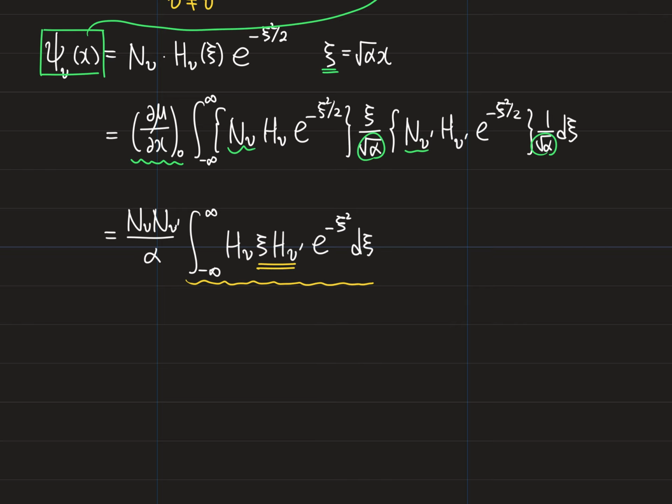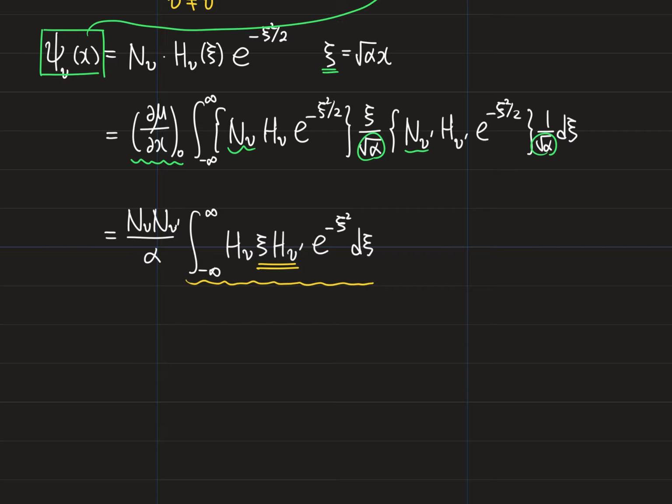You know that if we have a Hermite polynomial multiplied by a polynomial, then we can reduce this expression to a sum of Hermite polynomials of adjacent order.